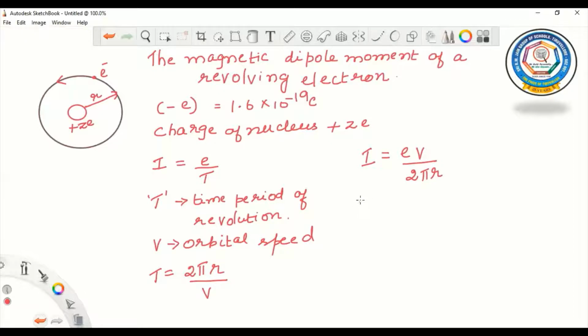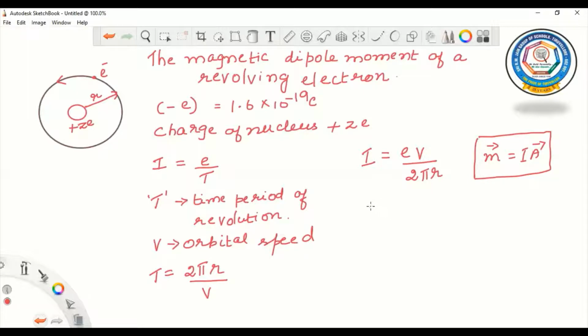We have learned in the previous topics what magnetic moment is. I hope all of you remember, M is equal to IA, where I is the steady current and A is the area vector. The orbital magnetic moment is represented by mu L. There will be a magnetic moment associated with this circulating current, here the electrons.